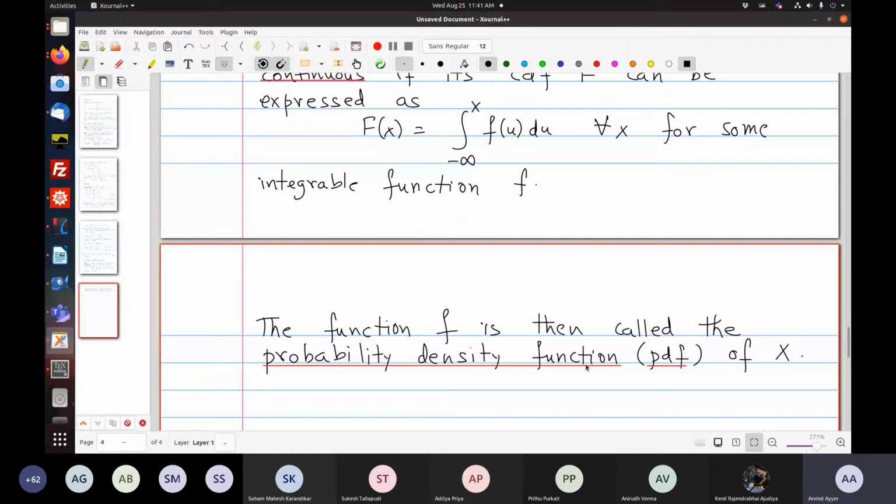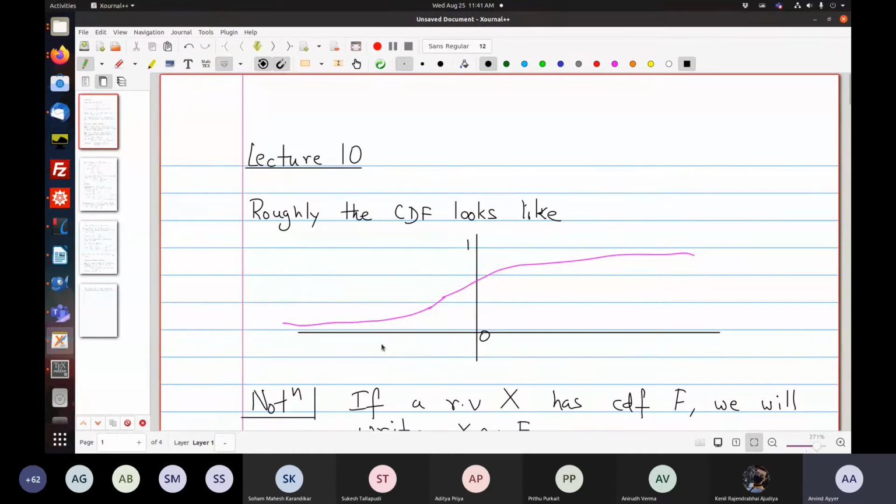Now maybe it's time to go back to this picture that I drew. So far the discrete random variables had a very boring kind of CDF. It was a piecewise constant CDF. It was constant, then it went up, and then constant, and went up, etc. It started at 0 and ended at 1. So it was always this kind of step function. Piecewise constant functions are also known as step functions.